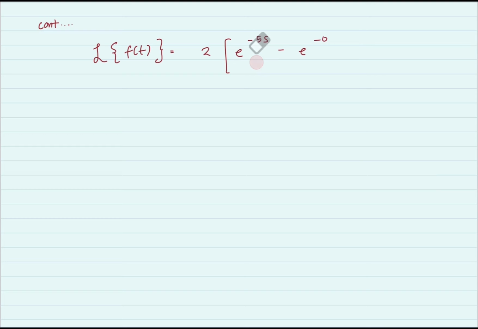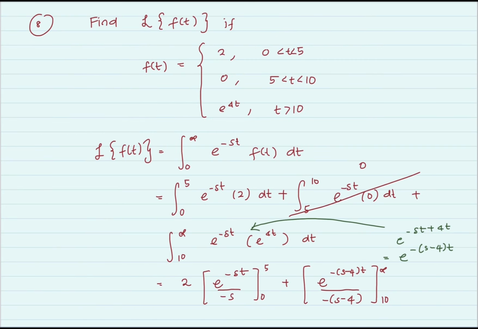Maybe negative s we can bring outside. Plus negative 1 over s minus 4.